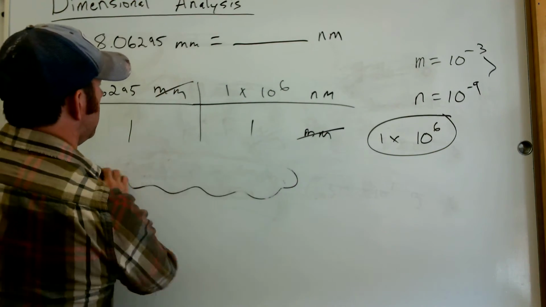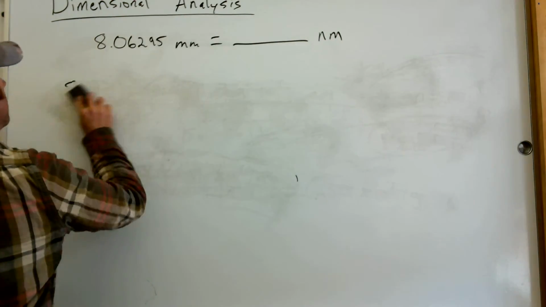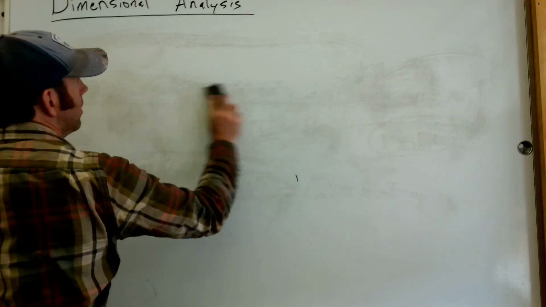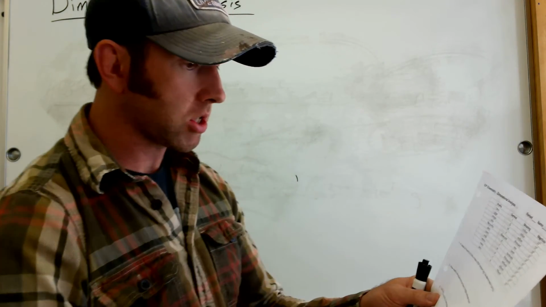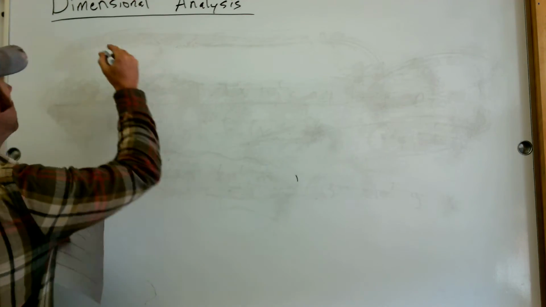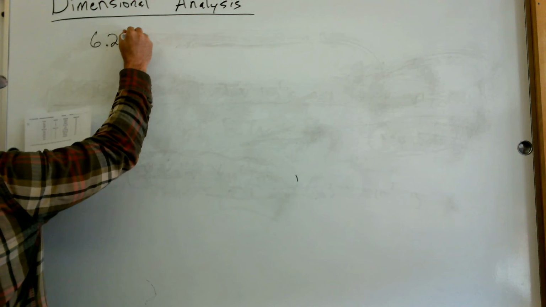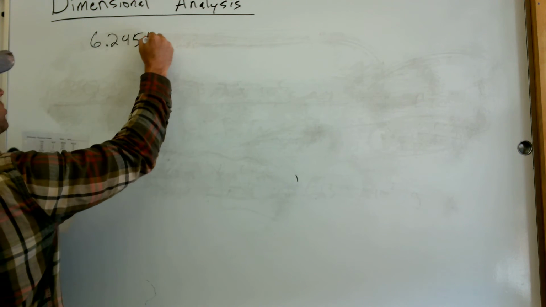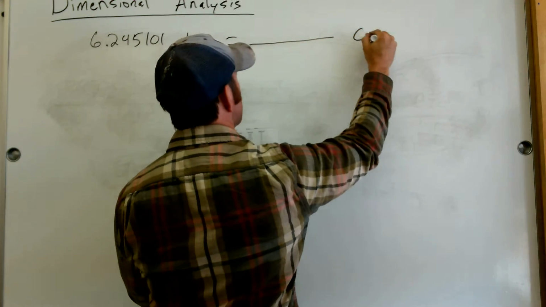All right, number 3 from that same sheet. Question is, calculate the number of centimeters there are in 6.245101 kilometers. So 6.245101 kilometers equals blank centimeters.